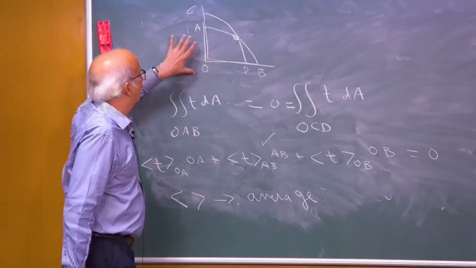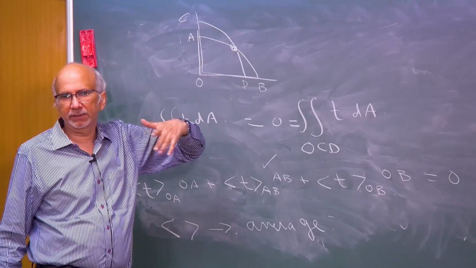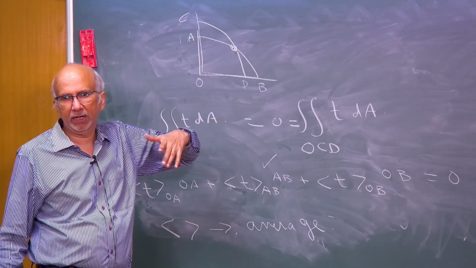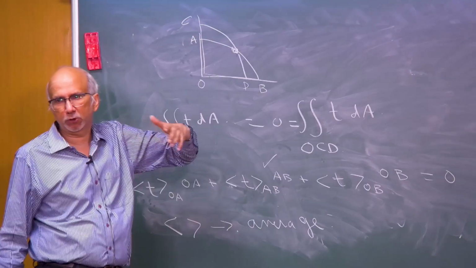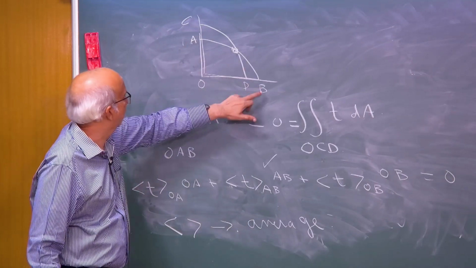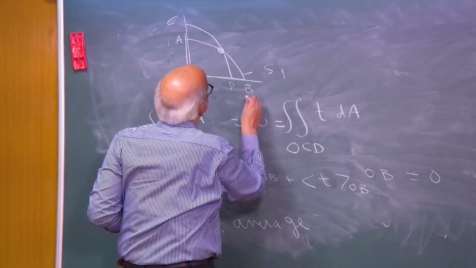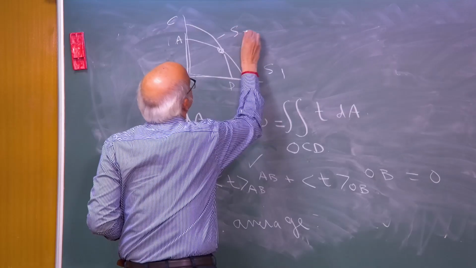What have I done? Let me summarize what I have done so far. I am trying to show that the stress acting at a point depends upon the choice of the surface, okay. I am taking 2 surfaces, this is S1 and this is S2.